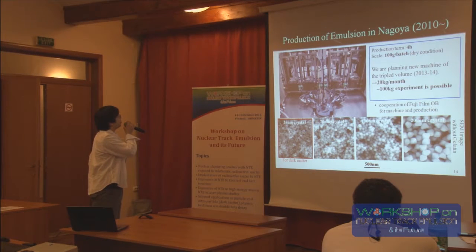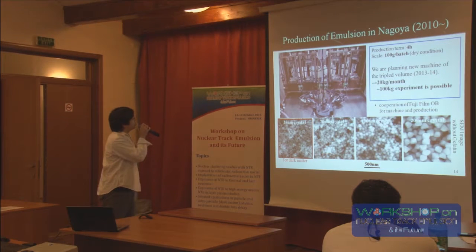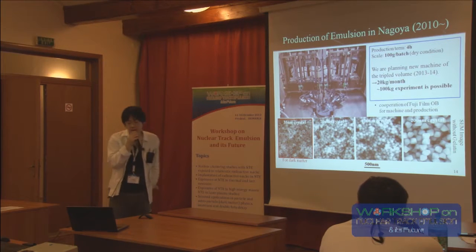This is an introduction of our facility in Nagoya. We introduced the emulsion production machine in 2010, and the machine can produce one batch per 4 hours, and the scale is 100 grams per batch.